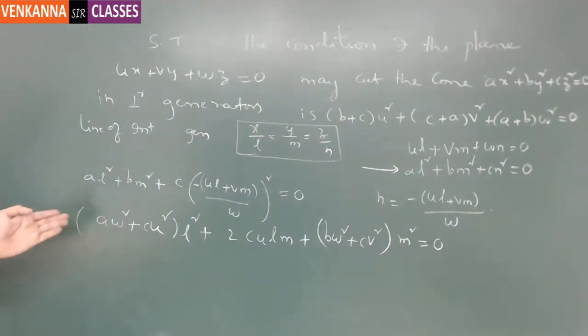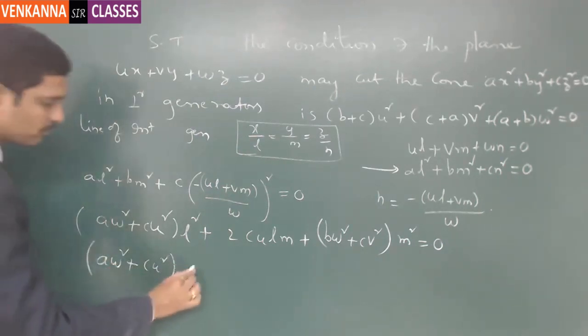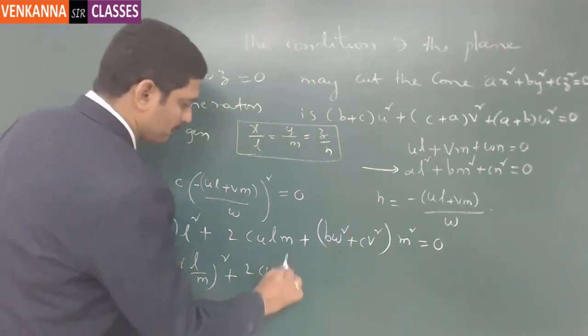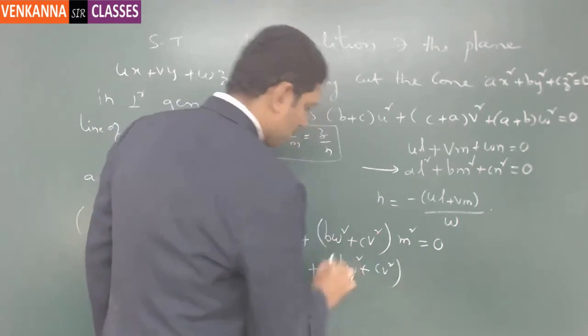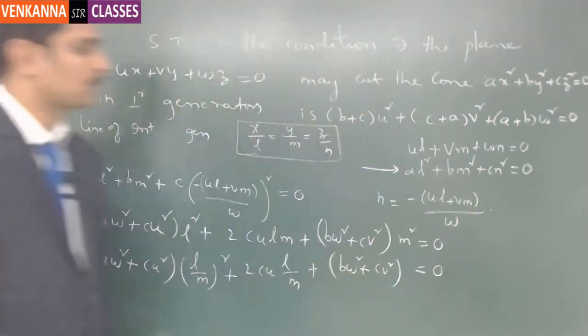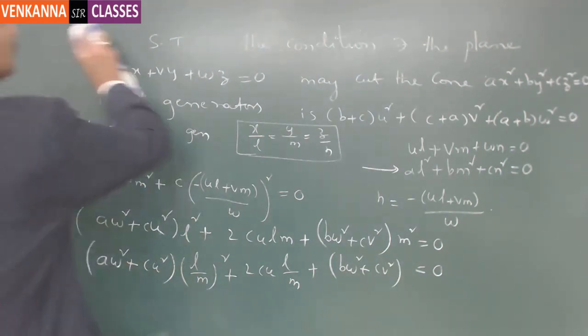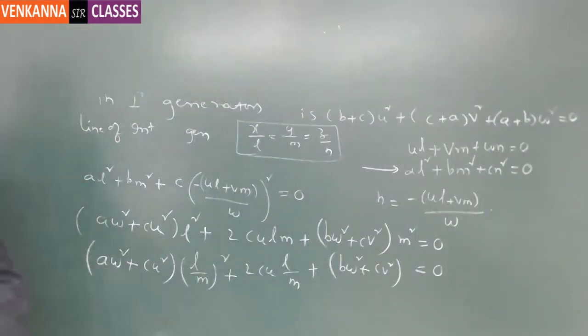If you make this equation a quadratic equation by dividing with m square, now, since this is a quadratic equation, it will contain two roots.